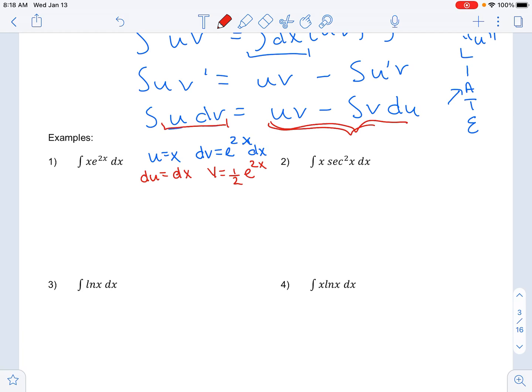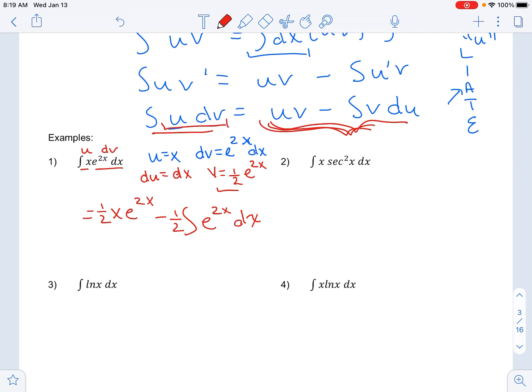Now, once you have this, we're going to plug into our formula. So we have something in the form u dv. Integration by parts says the antiderivative is going to be uv. I'm going to put the 1/2 here, minus the integral of v, and I'm going to pull the number out in the front, du.